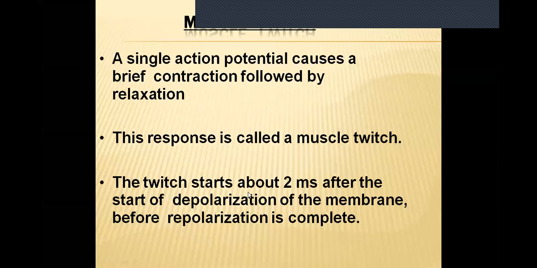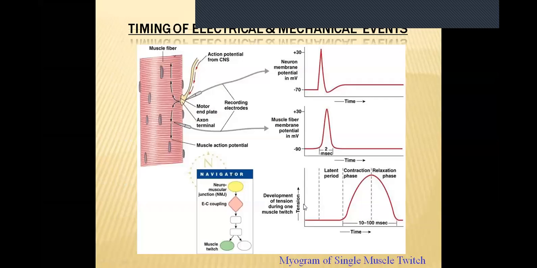The muscle twitch starts about 2 milliseconds after the depolarization takes place on the membrane. Why? Because, as we have seen in this graph, 2 milliseconds of time will be there to finish the second electrical event in the sarcolemma. In the sarcolemma, the spike will take 2 milliseconds.